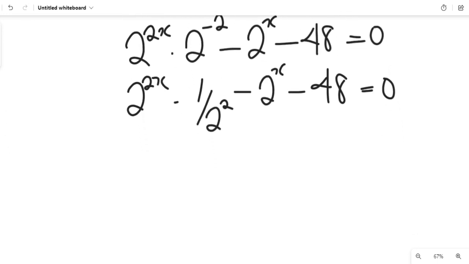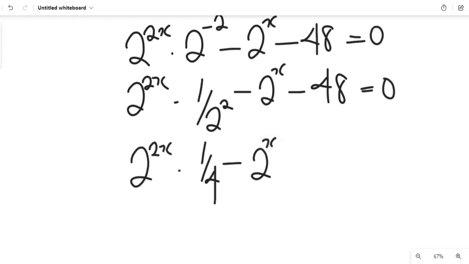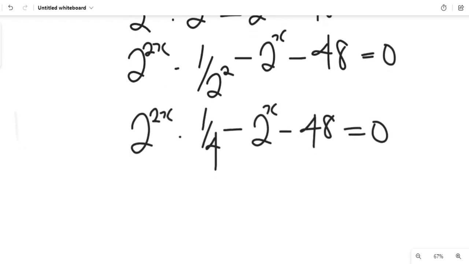Now recall that this gives us 2 to the power of 2x multiplied by 1 divided by 4, minus 2^x, minus 48, equal to 0. Now we'll have to clear that fraction by multiplying through by 4.